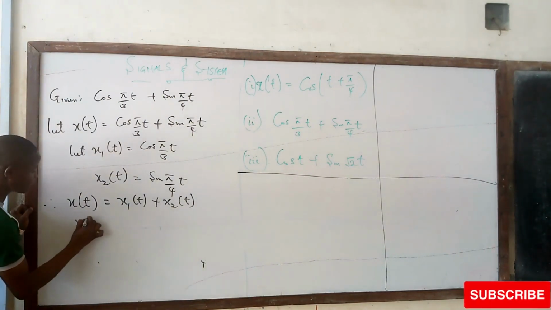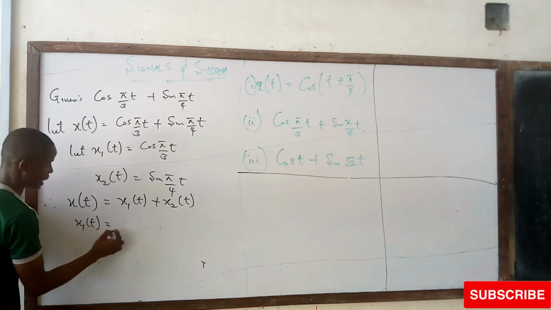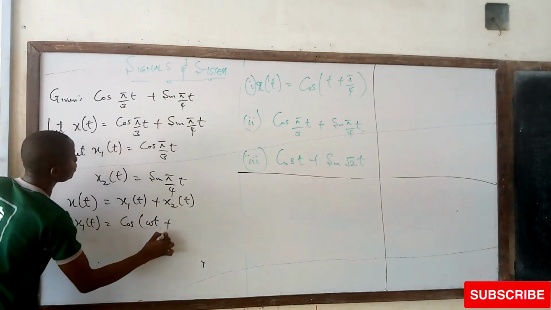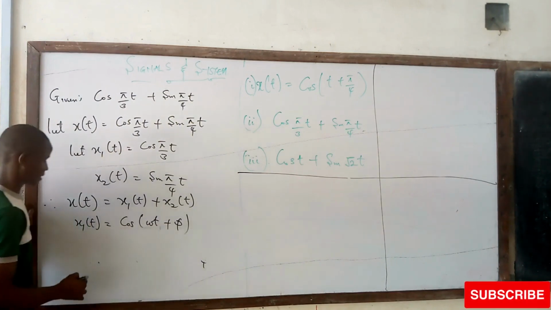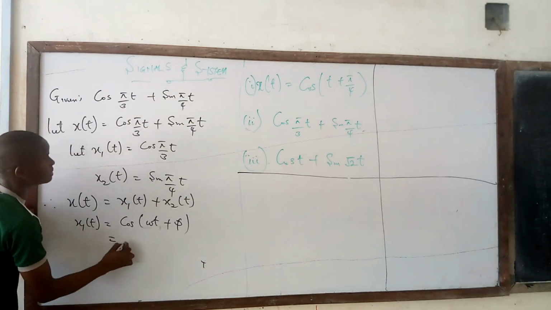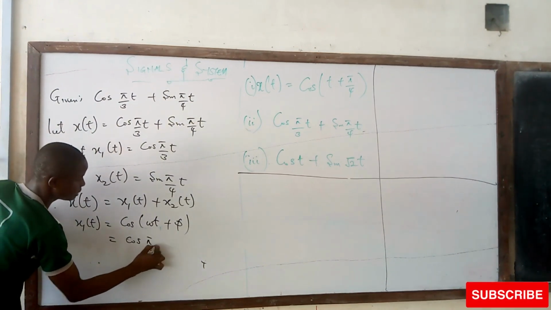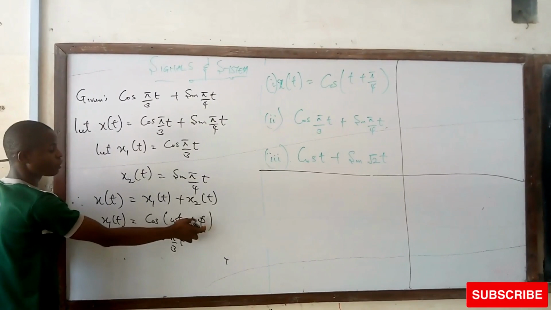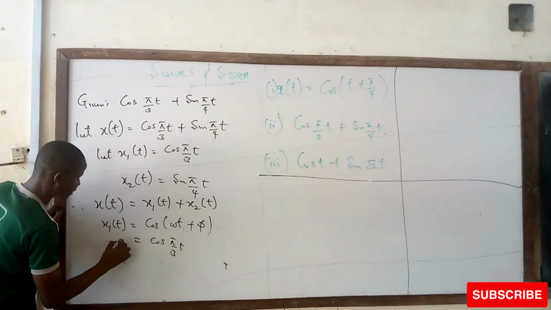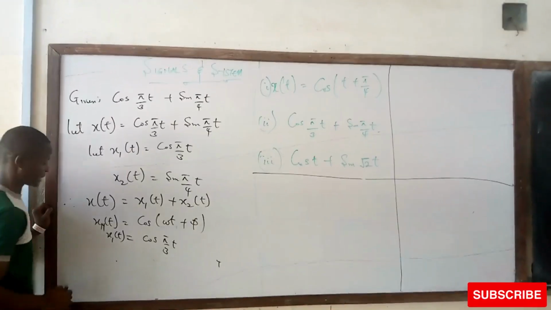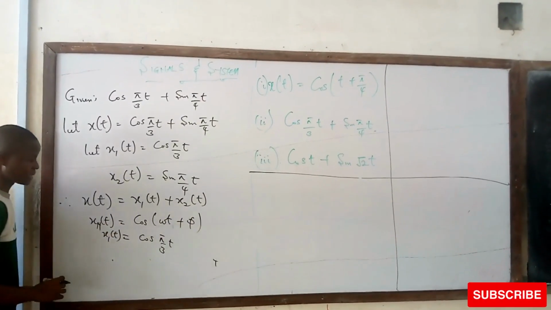Our x1 of t can be compared to cos of (omega t plus phi), as I said earlier. So here x1 of t is cos of pi over 3 t, but in this case there is no phase. Generally, this is xn.